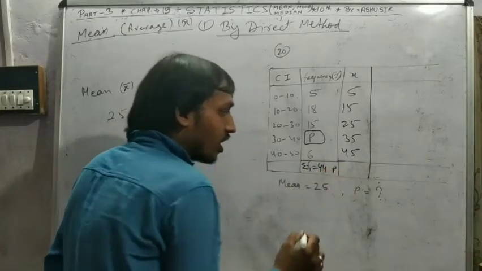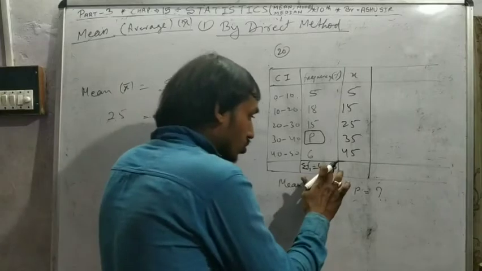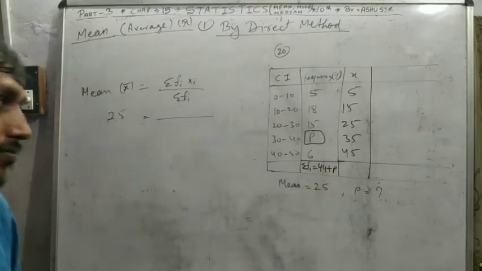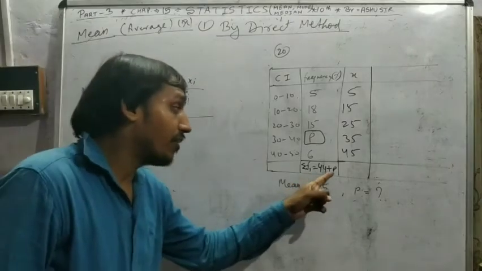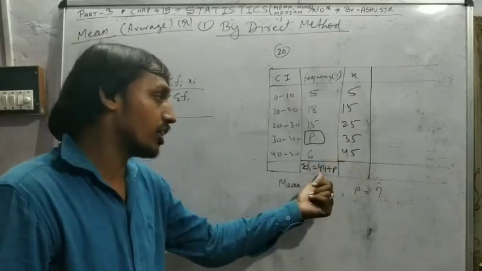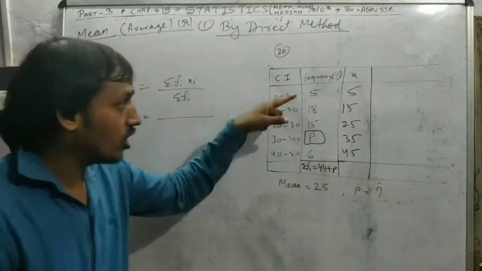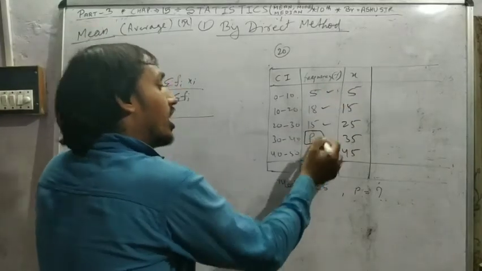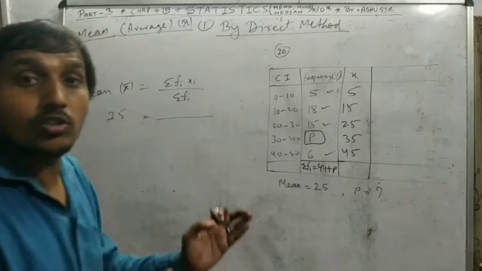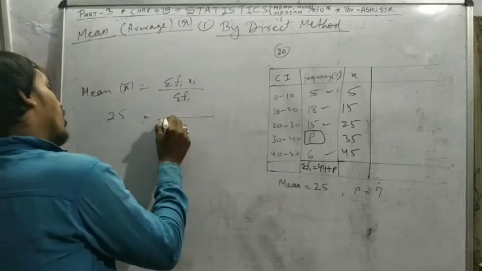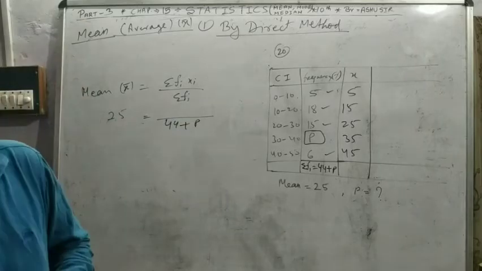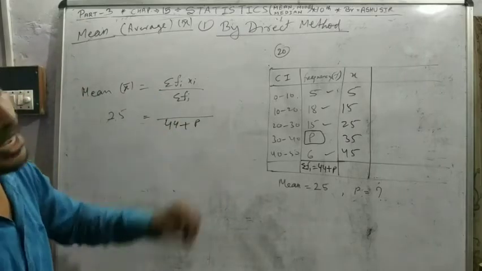So 44 plus P, because a variable is not added with the constant. Only 44 is the sum of these, and again plus P, because you want the sum of all frequencies: 44 plus P. Then you find summation of fx.